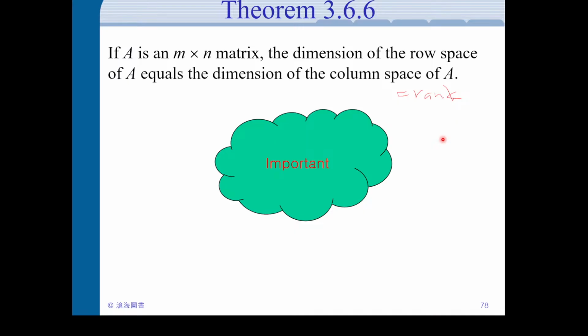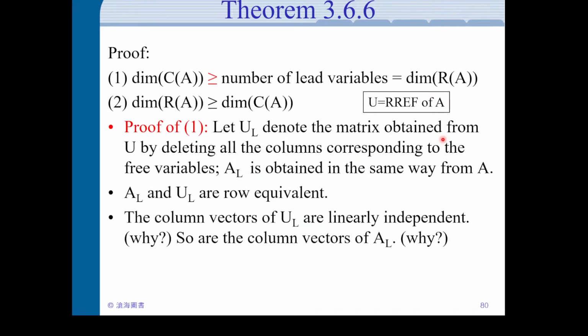Okay. Now let's start proving this theorem, that the dimension of the row space equals the dimension of the column space. We prove this in 2 steps. For the first step, we are going to prove that the dimension of the column space is greater than or equal to the dimension of the row space. Then we are going to prove the reverse direction, that the dimension of the row space is greater than or equal to the dimension of the column space.